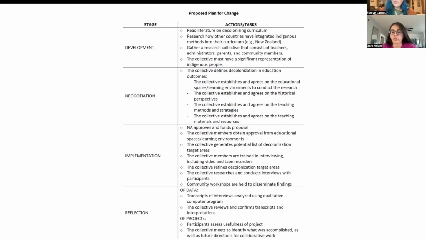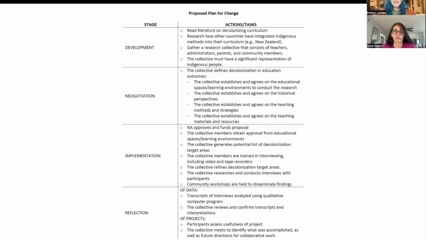Lastly, when we're reflecting upon the data, we're going to go through the transcripts of interviews and analyze different types using a qualitative research program. I think that's important to note. And then the collective will review and confirm that those transcripts and interpretations are done in an authentic way.